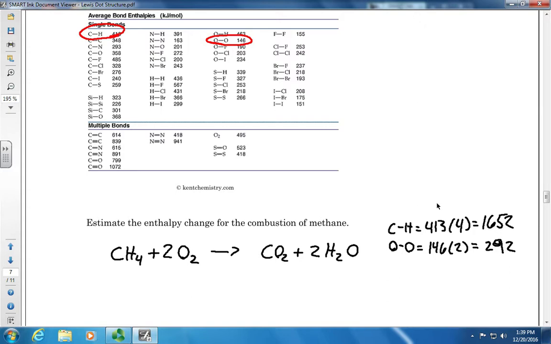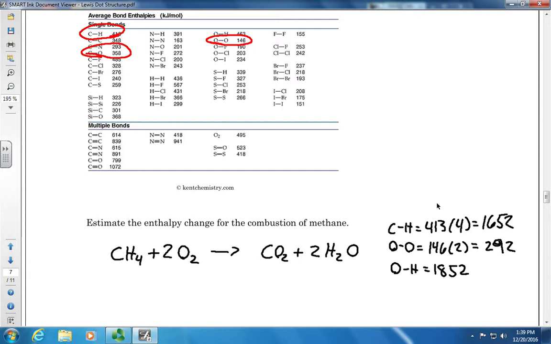Then we need to look at our bonds formed. We have an OH bond formed, just like last time. And in fact, we can use the number that we had before. So for OH, we had 1852 kilojoules per mole. And now we have to look for our carbon-oxygen bond, which is right here. 358.